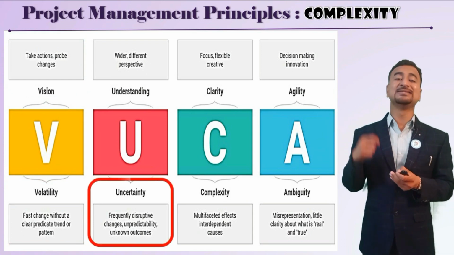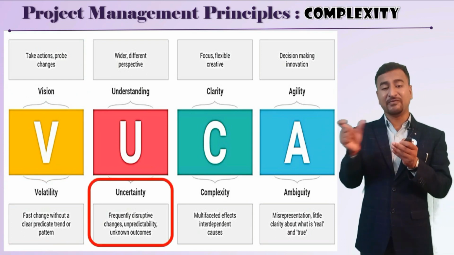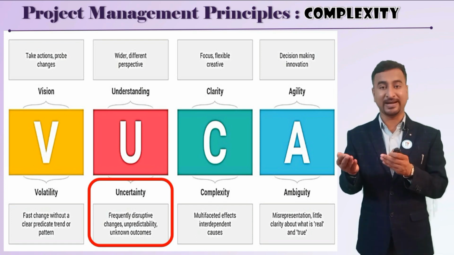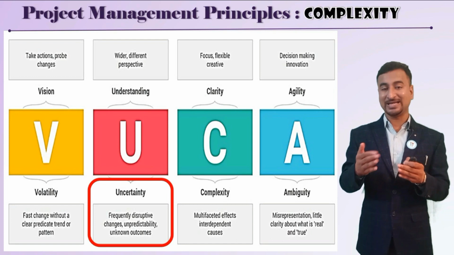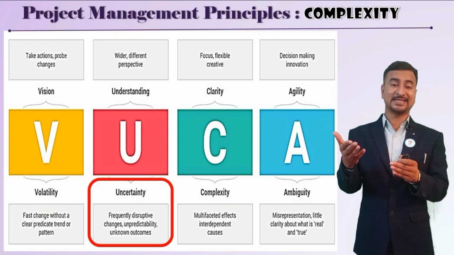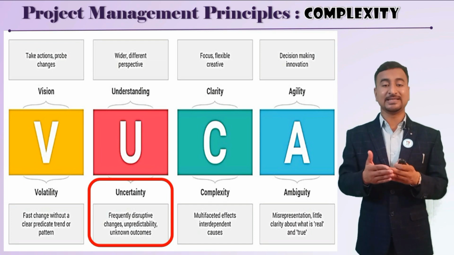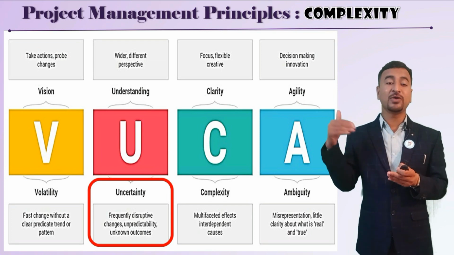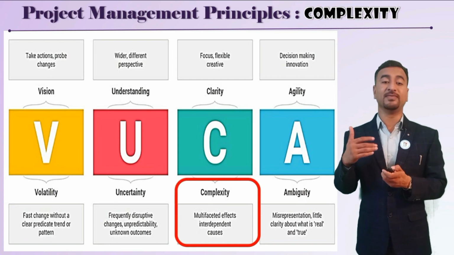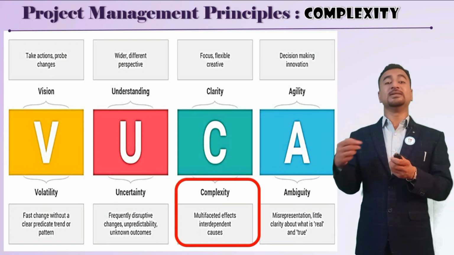The second thing is uncertainty, that in a very limited time you don't know what is going to happen next, like when COVID impacted, when we were finding vaccination and what would be the next thing, lockdown and other things. So that is uncertainty. How can you respond to uncertainty? By understanding the problem, that is how we're going to respond.